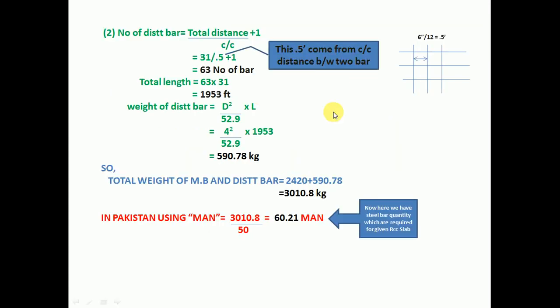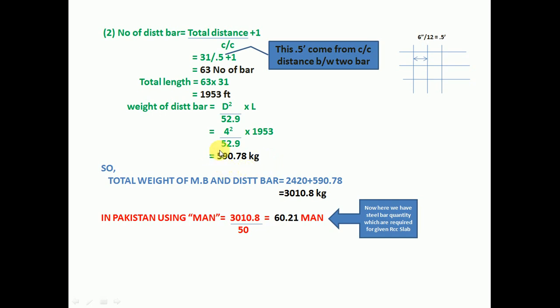Taking number 4 bar, 4 square divided by 52.9 multiplied by the distributed bar total length, which is 1953 feet. So the total weight of the distributed bar is 590.78 kg.